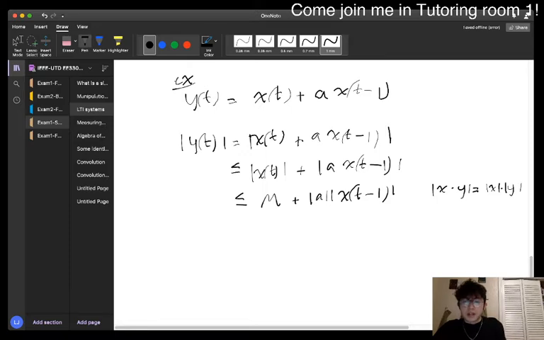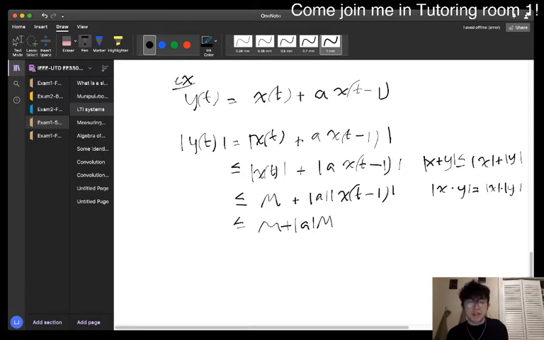Let me just write the triangle inequality. And then we get that it's bounded above by m plus a m. Notice that this is not infinite. This is a finite number, belonging to the real numbers, so y is stable. Yay.